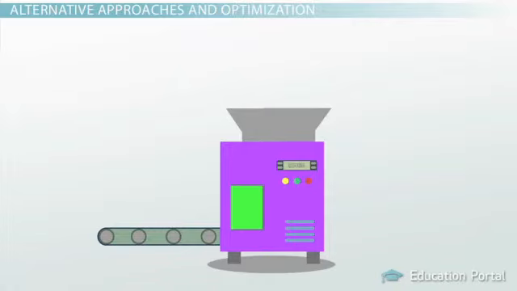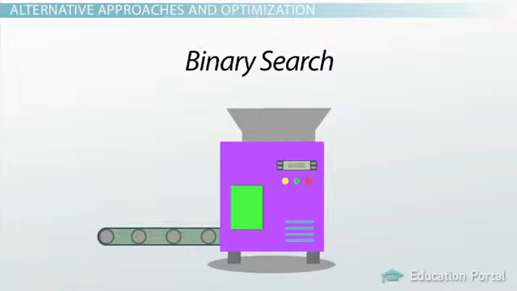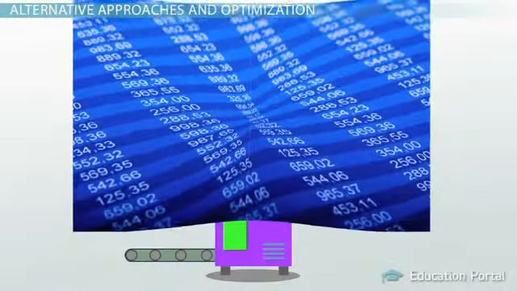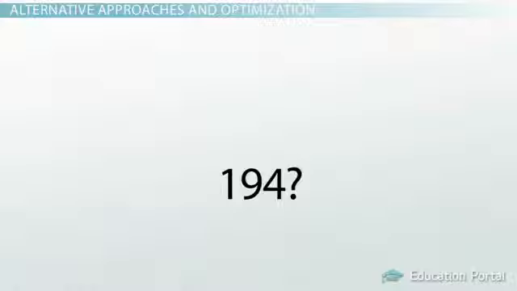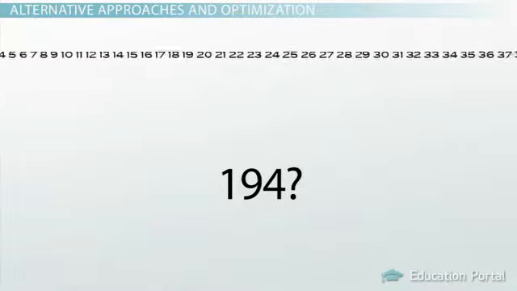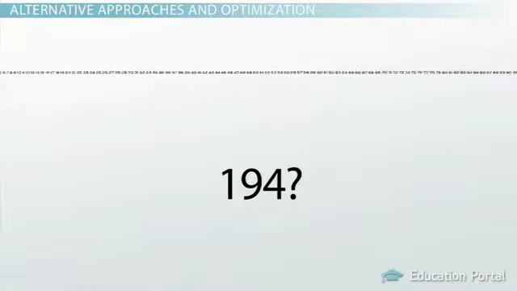In the case of searching, an alternative to sequential search is the binary search. A binary search improves the algorithm by removing as much of the input data as possible without having to examine each item. Let's say you are looking for a particular number in a list of numbers and the list is already sorted.